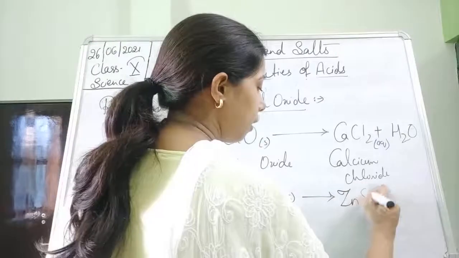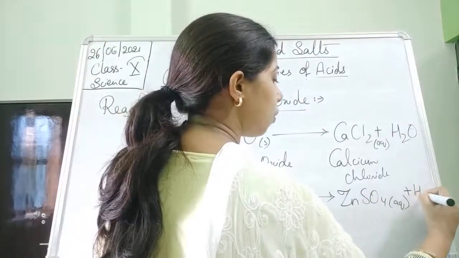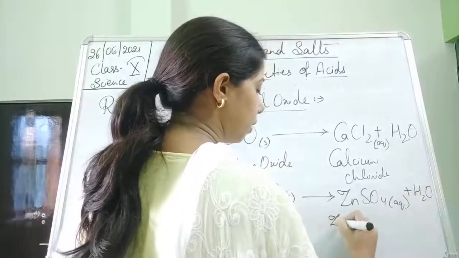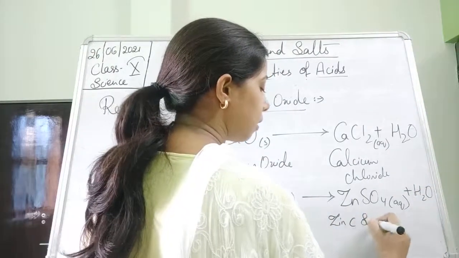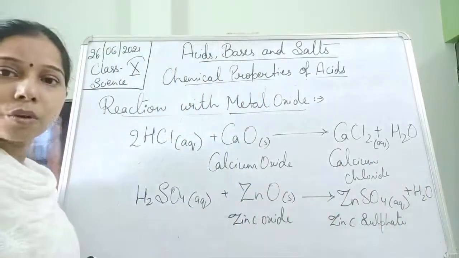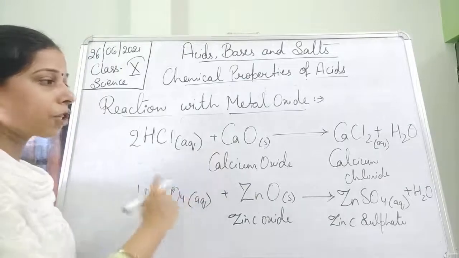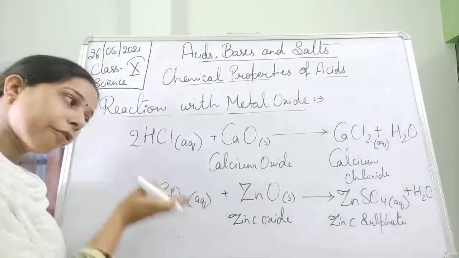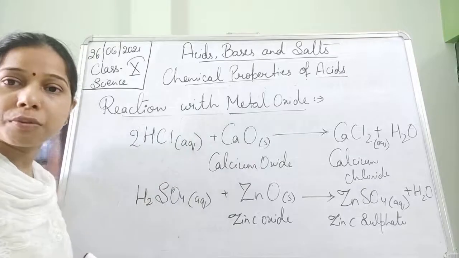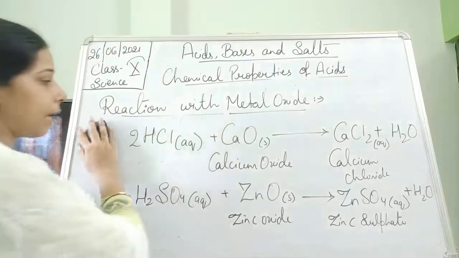So ZnSO4, this is also aqueous, plus water is released along with it. This is called zinc sulfate. Okay, so hydrochloric acid, when it reacts with calcium oxide, salt and water are formed. When sulfuric acid reacts with the metal oxide, it also forms salt and water.